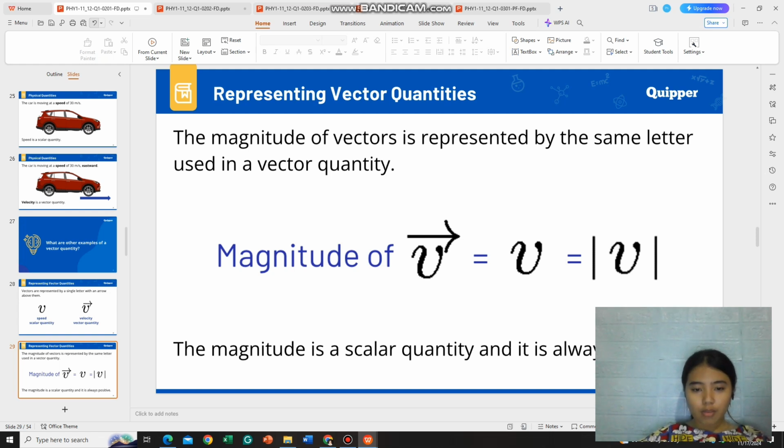The magnitude of a vector is represented by the same letter used for the vector quantity. So, the magnitude of vector V equals V, and the result is a scalar quantity.